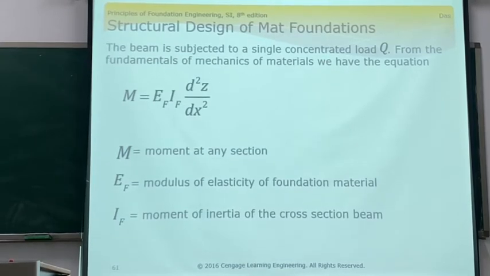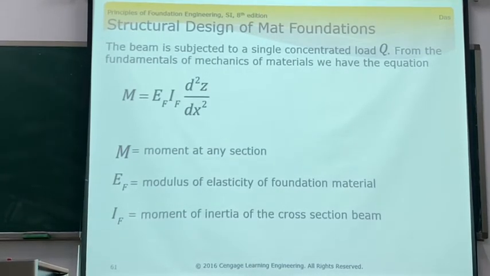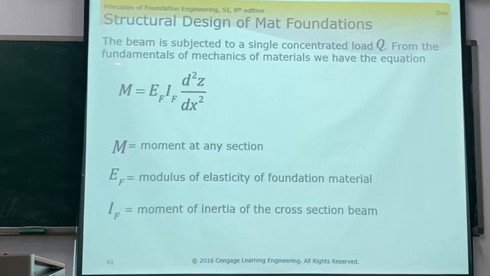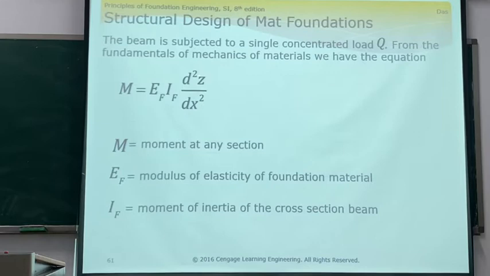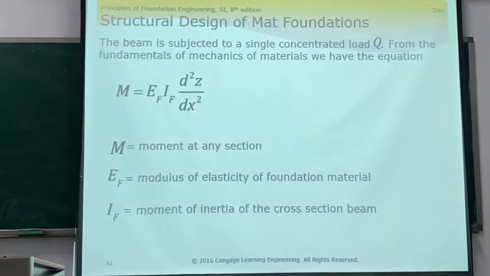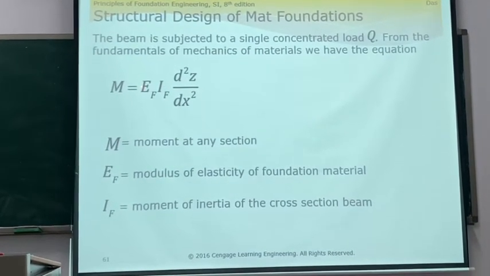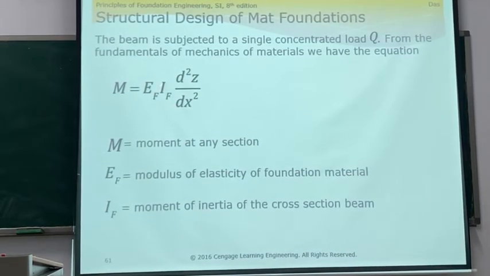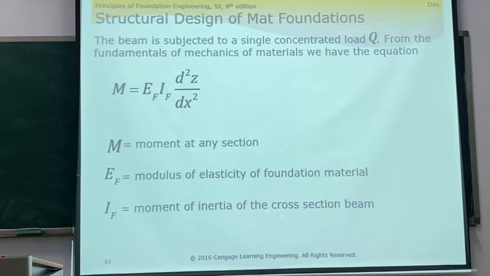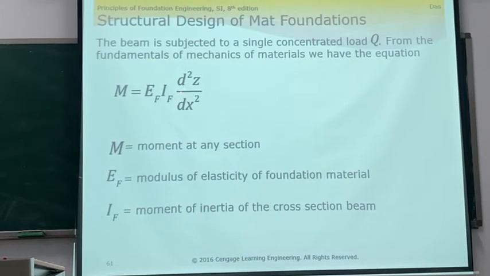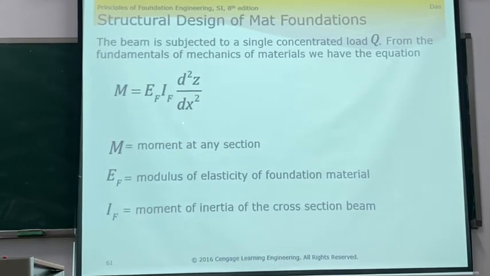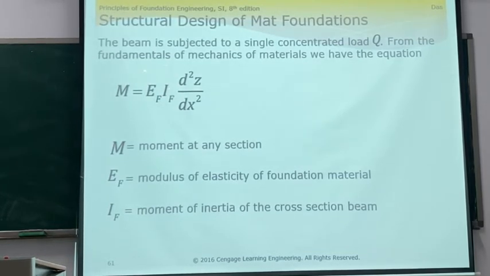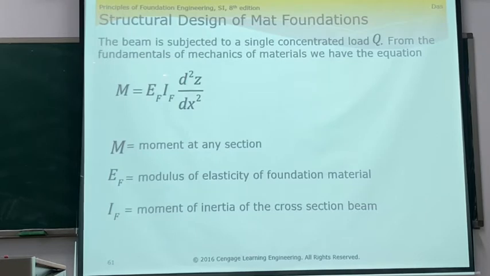So based on the mechanics of materials, we can get this equation. This E is the modulus of elasticity of the foundation material. I is the moment of inertia of the cross section. This is the soil reaction. This is how to solve this equation.